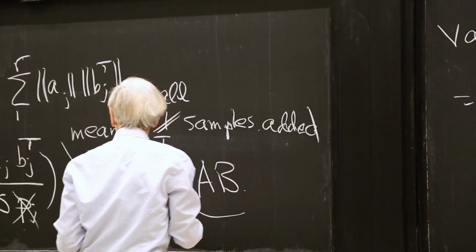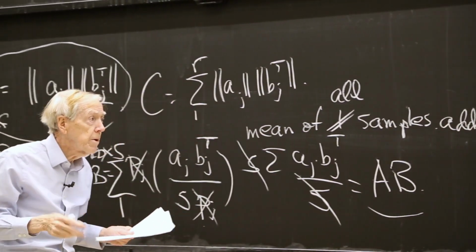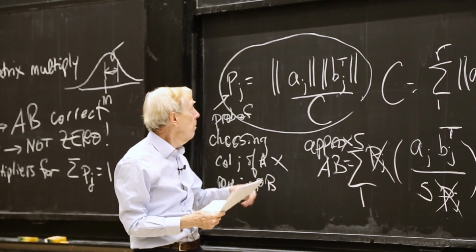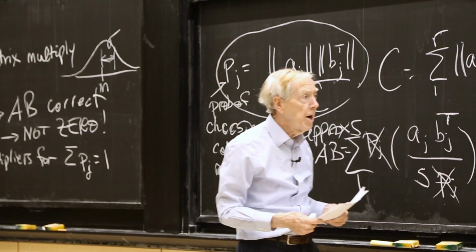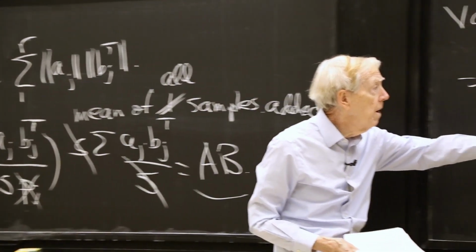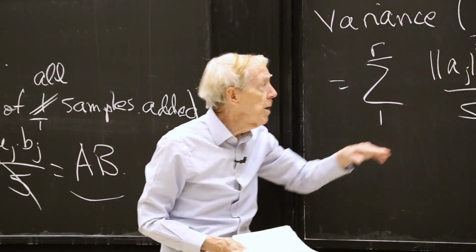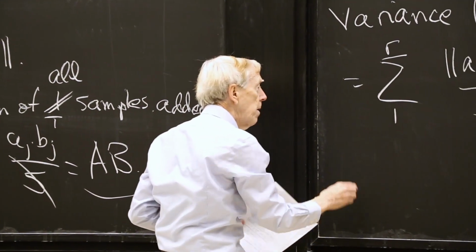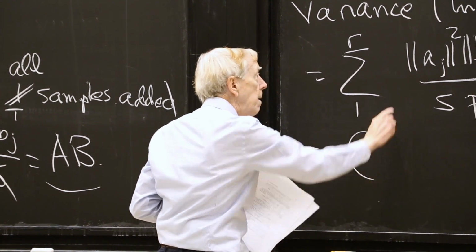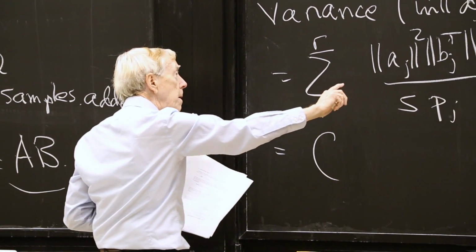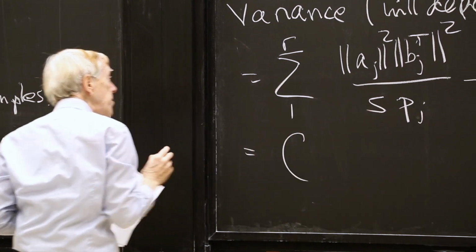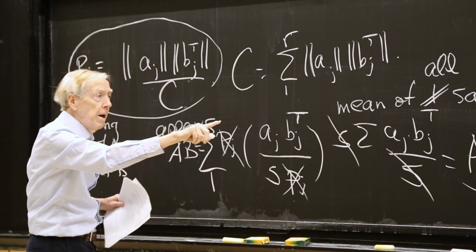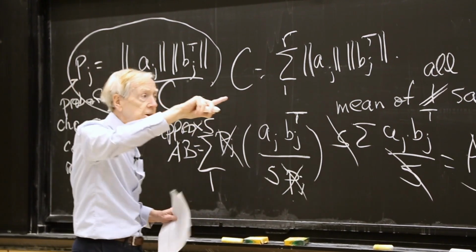So let me say this again. It's something you can just check when you have a minute. When I plug in that value for PJ here, it cancels the squares and just leaves the first power. So then I'm adding up the first power, and I get C. But the PJ had a factor C in the denominator, and it's in the denominator over there, so that C is up there.